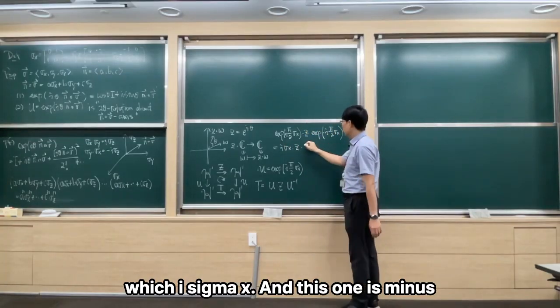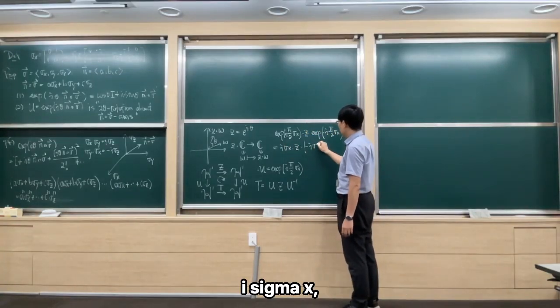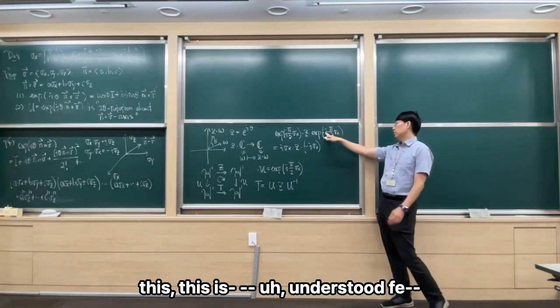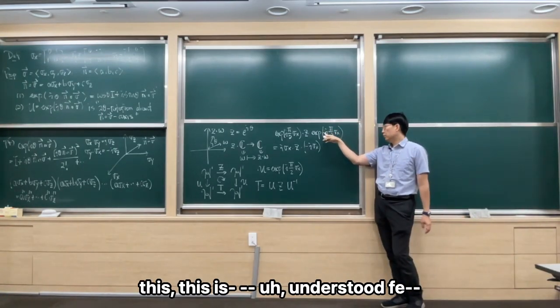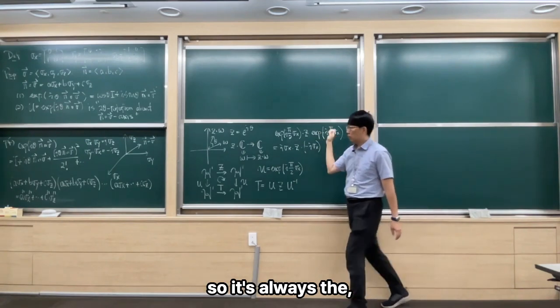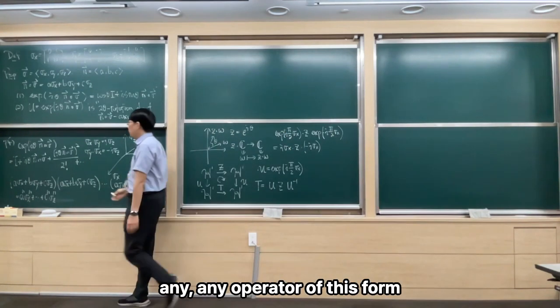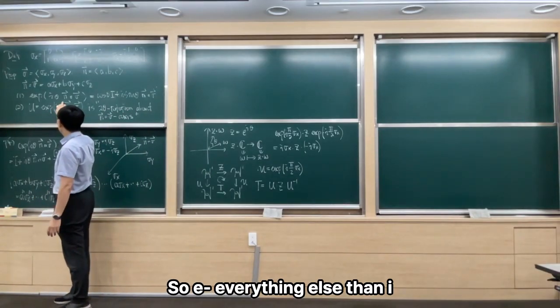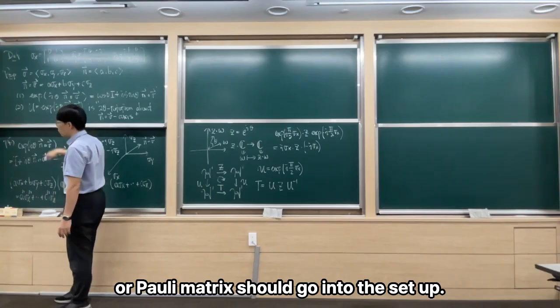And this one is minus i sigma x, because in this case, this is understood as zeta equals minus pi over 2, right? So any operator of this form is always in this format. So everything else other than I or Pauli matrix should go into the zeta.